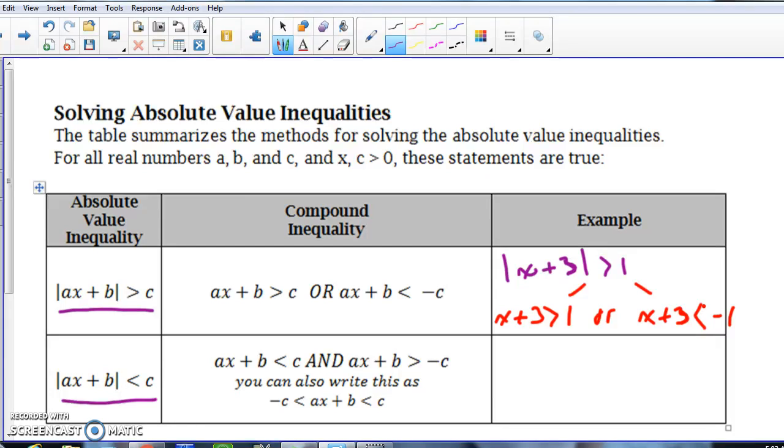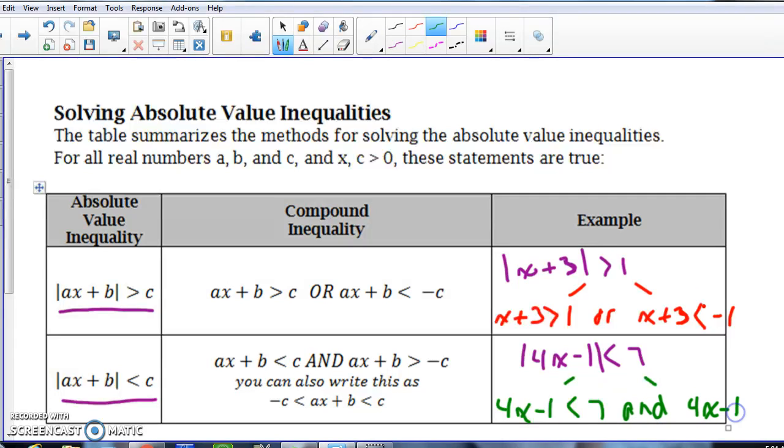So if I have the absolute value of 4x minus 1 is less than 7, when that breaks into my two pieces, that means that either the quantity 4x minus 1 is less than 7 on the right side, but this means an AND: 4x minus 1 is greater than negative 7.